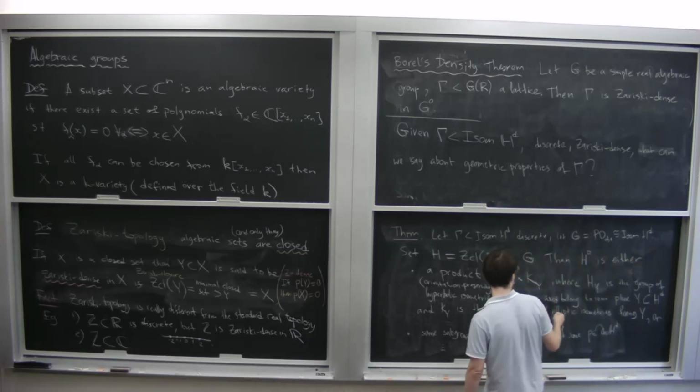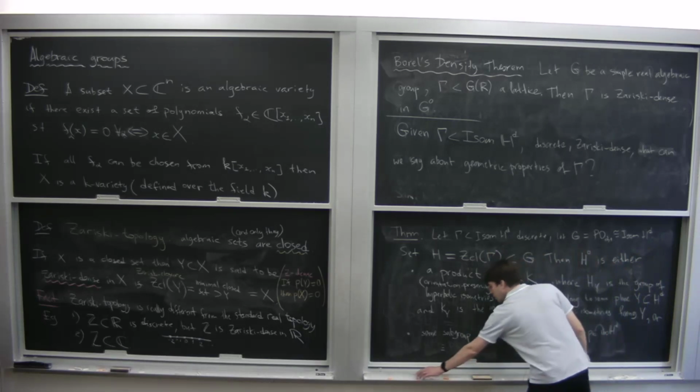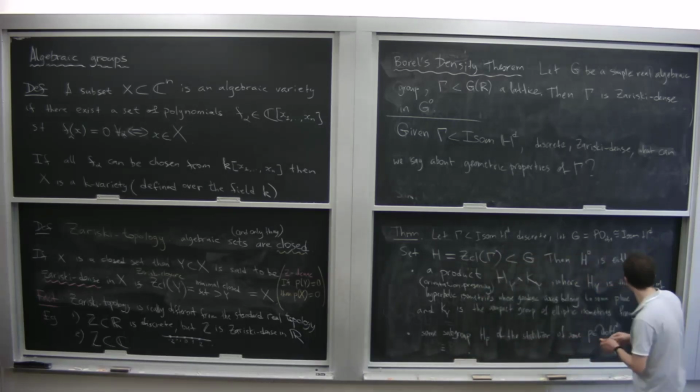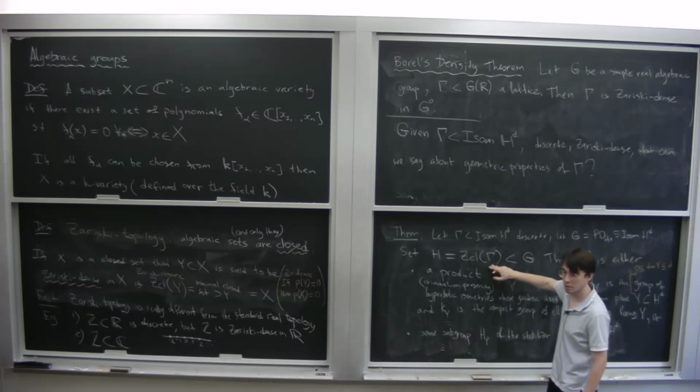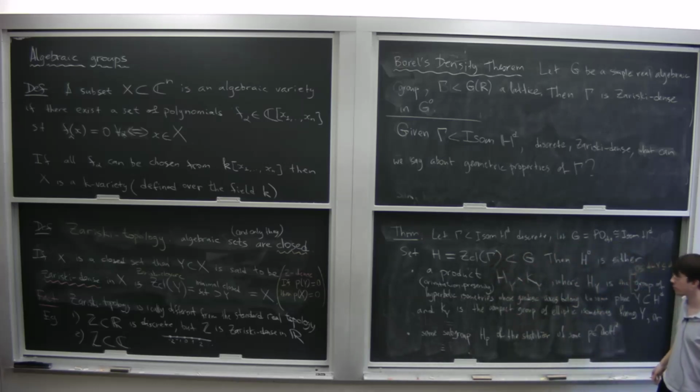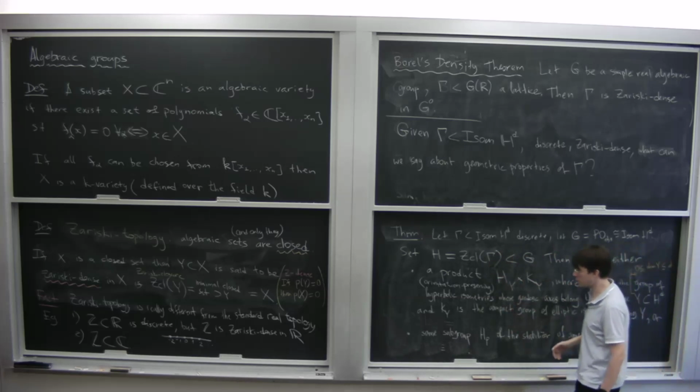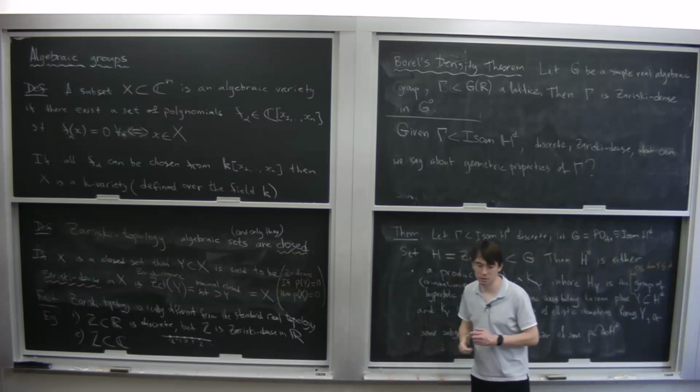I should write it somewhere here, since I didn't specify that: 0 is less than or equal to dimension of Y, which is less than or equal to D. So when Y becomes just the entire space H^D, this means that Gamma is Zariski dense. Otherwise, it is not.